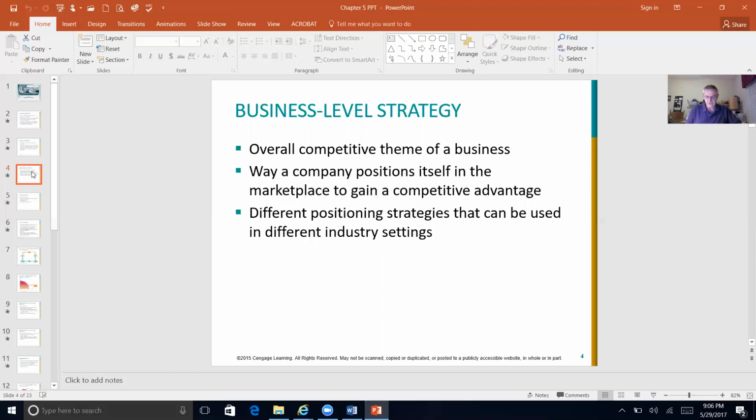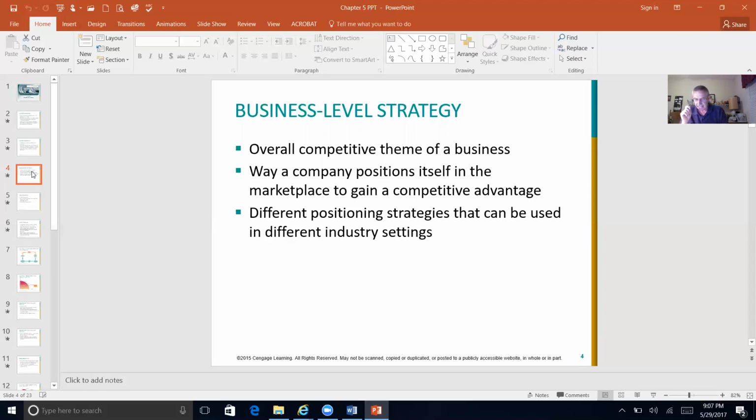And strategy really is about the search for competitive advantage. At the most fundamental level, that competitive advantage can be attained if that business can lower costs relative to its rivals, or if it can differentiate its product offering from those rivals, therefore creating more value.